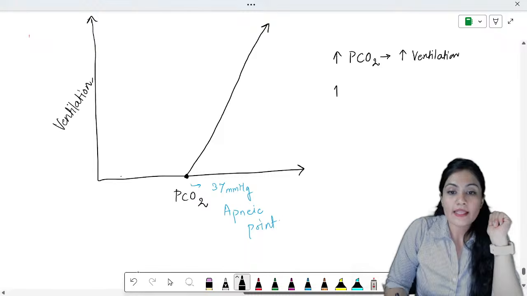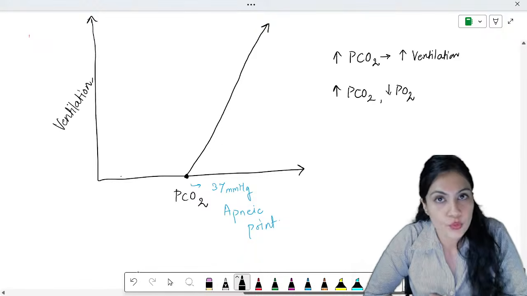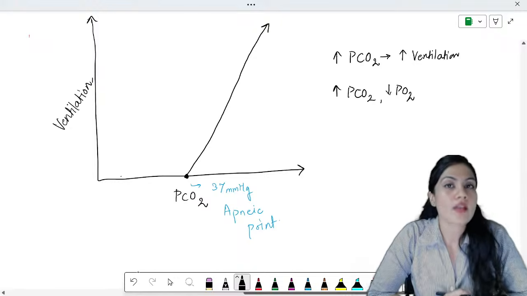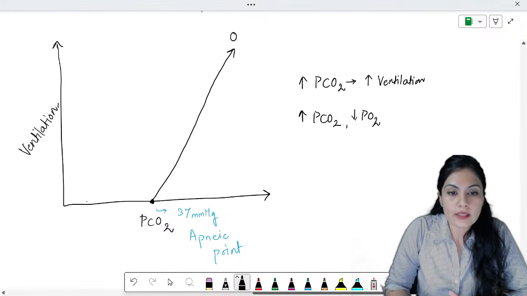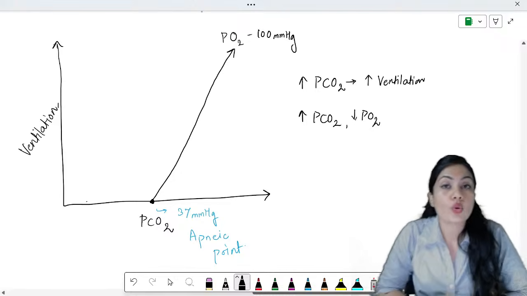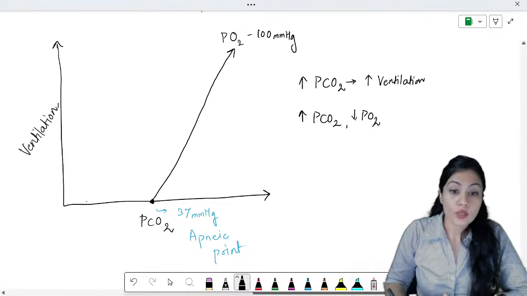Now, if I say that not only has the PCO2 increased, but the partial pressure of oxygen has also been reduced, right? The graph we just drew in black color assumes that the partial pressure of oxygen is 100 mmHg. That means there is no hypoxia, and only hypercapnia was taken into consideration.